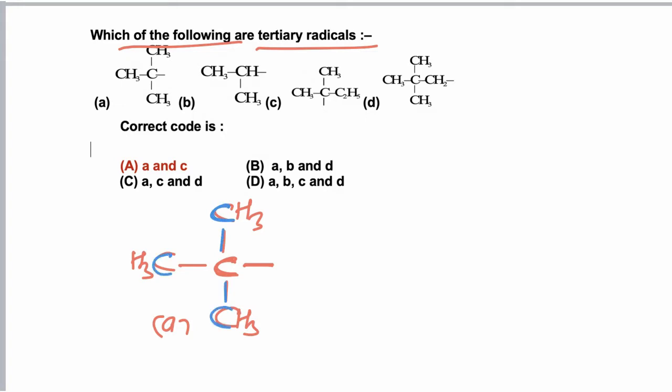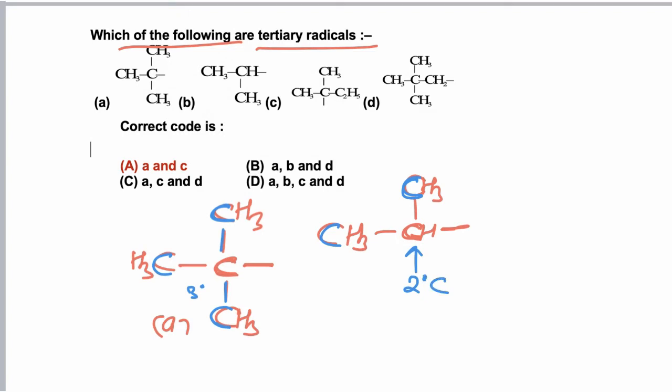So this is a 3 degree radical. A is 3 degree. While if we take B, the carbon which has the free valency is directly connected with only 2 other carbon atoms. So this is a 2 degree radical.